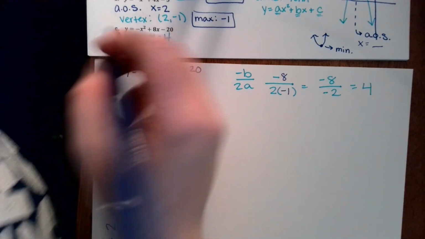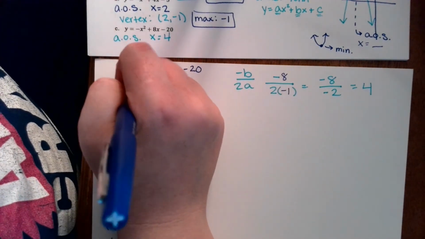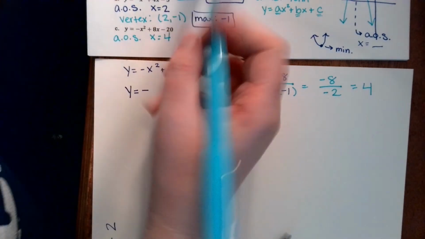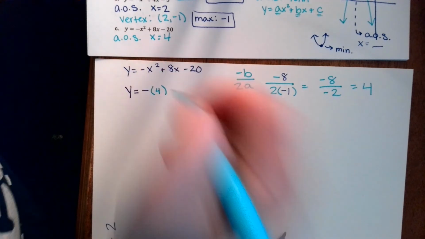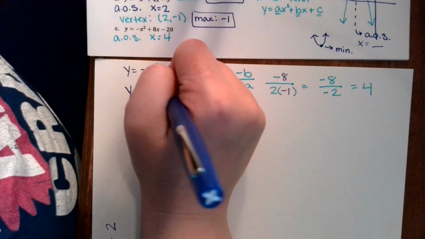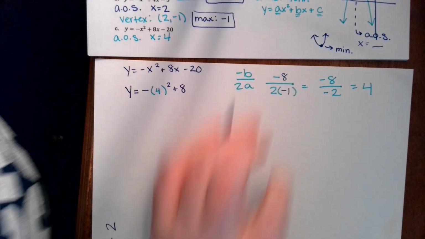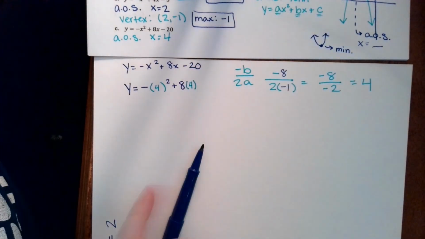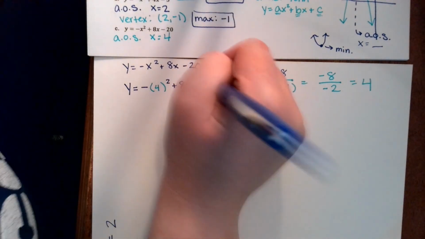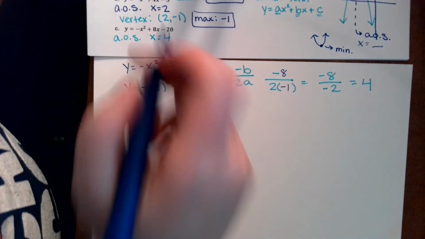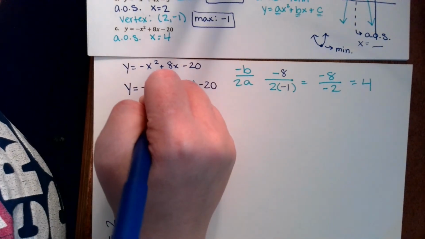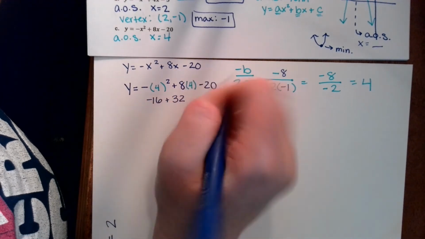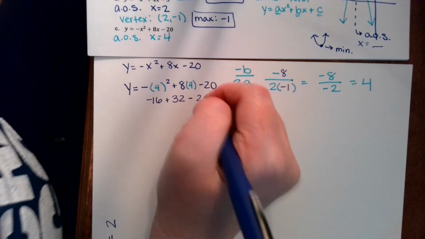Alright, so for our vertex, we're going to plug 4 in for x. So y equals negative 4 squared plus 8 times 4 minus 20. Okay, 4 squared is 16, and then we'll make it negative. 8 times 4 is 32 minus 20.